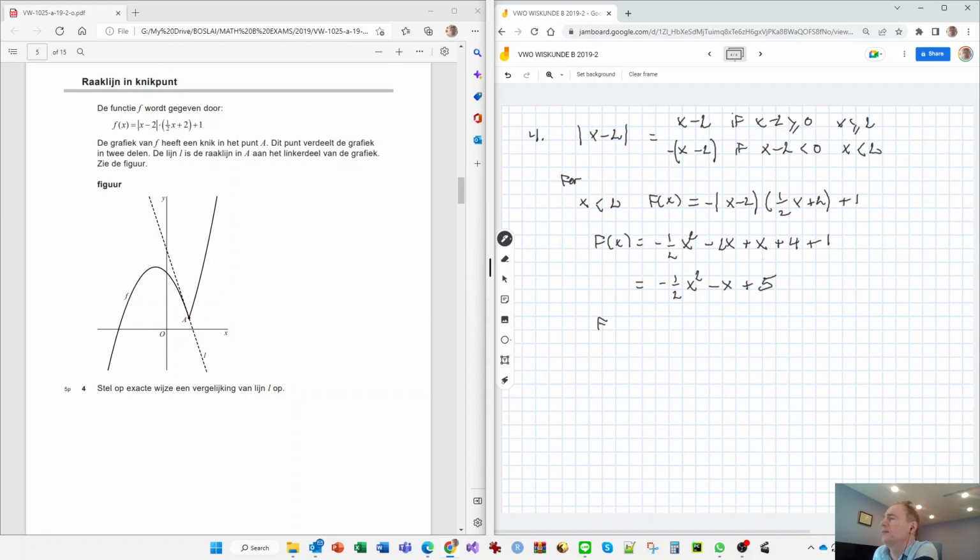So strictly you cannot substitute 2, but take the limit of this function going to 2. We should strictly speaking put a limit here, but I think for this exam it's fine. You get minus 1/2 times 4, minus 2 plus 5, which is 1.